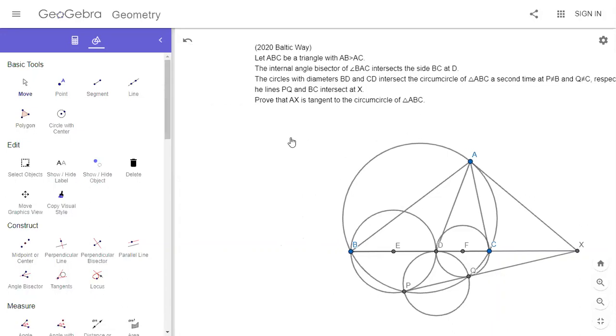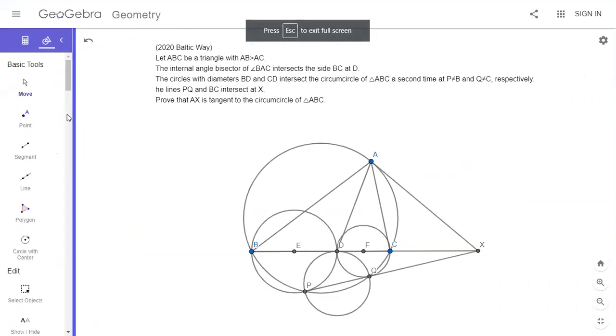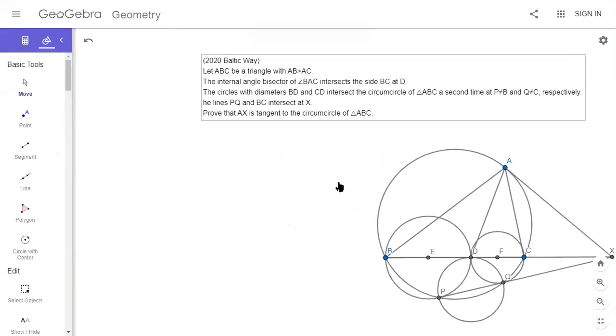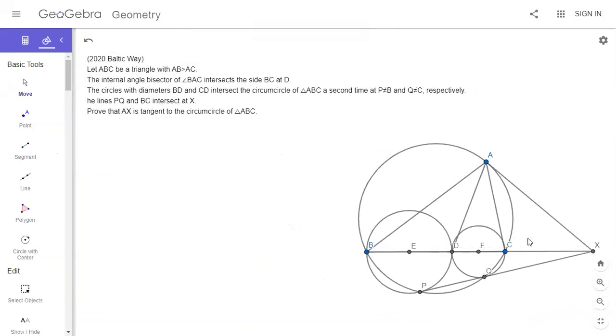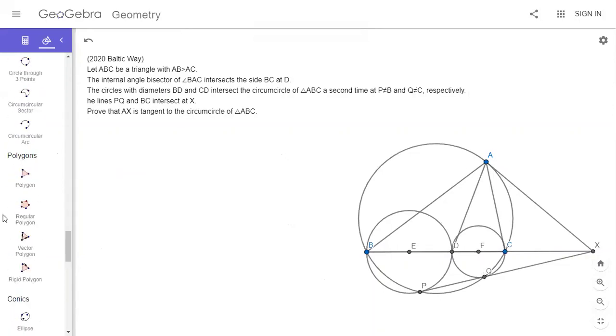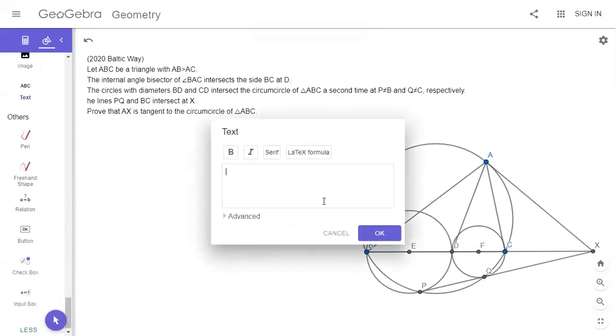All right, so I'm going to start typing this up. Okay, so I'm going to delete that for now. Eventually I'm going to have to move the diagram a little bit, but for now, we have, how did I do that?